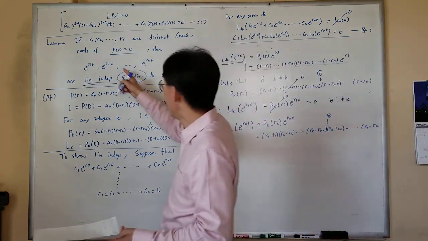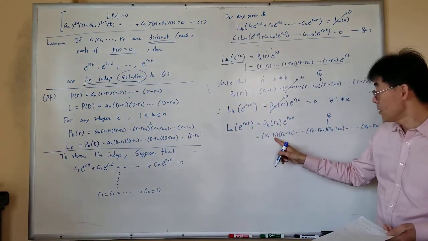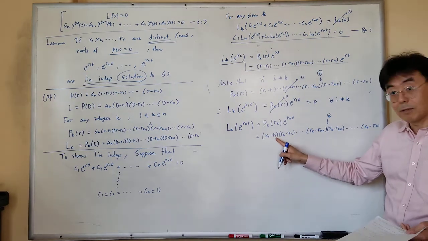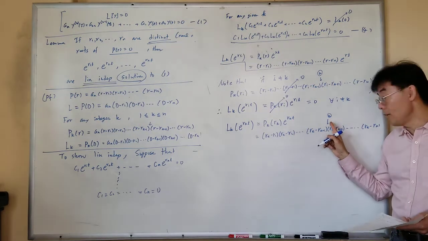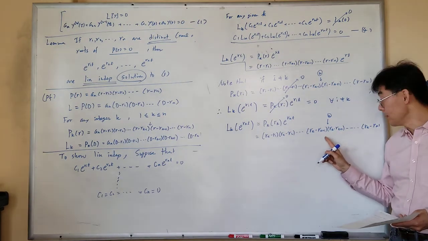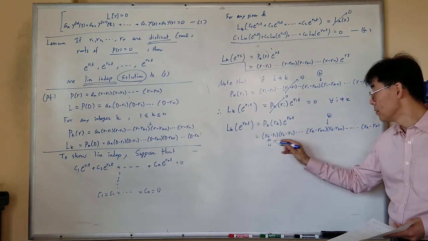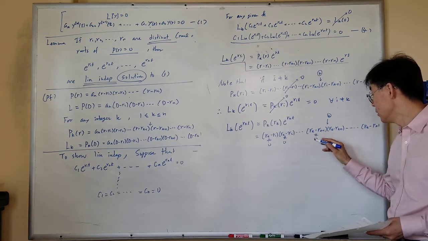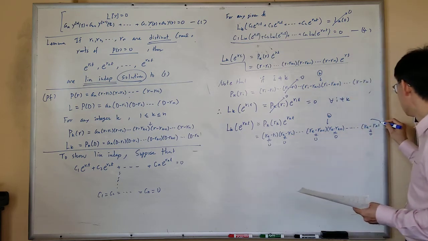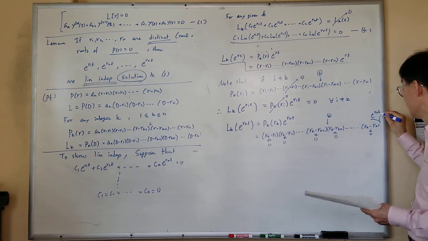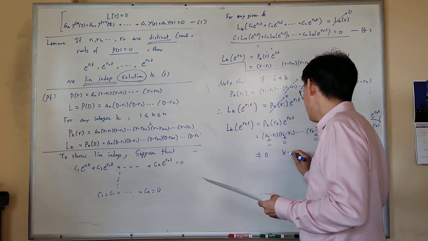Because we are assuming that all the r_i are distinct, r_k minus r1 is not 0 because they are different. You could have gotten 0 if you had r_k minus r_k, but in that case the factor is missing. So everything is not 0. This is not 0, this is not 0, all the way to the end, times e^(r_k t). So anyway, this is not 0 for all t.